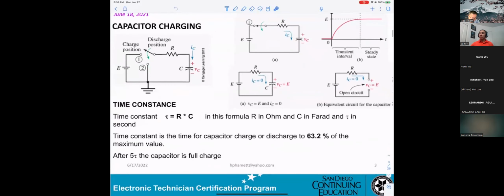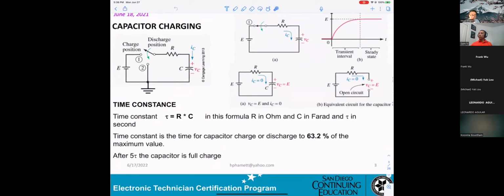Also, you have the formula tau equals R times C. That is the time constant. In this formula, R is in ohms, C is in farads, and tau is in seconds. If it's not, you must change the unit.